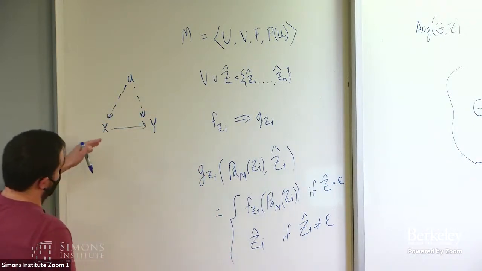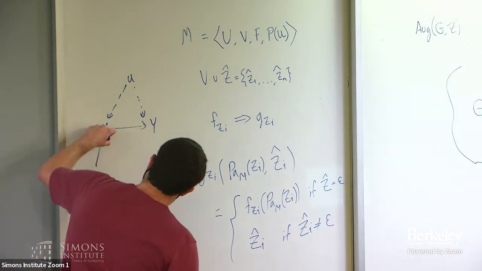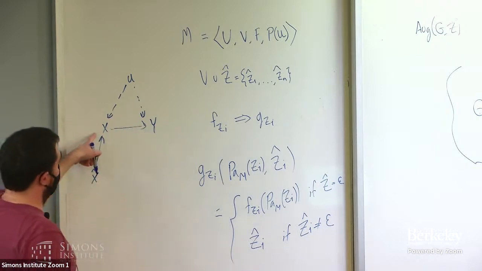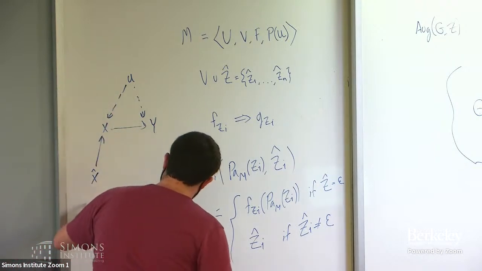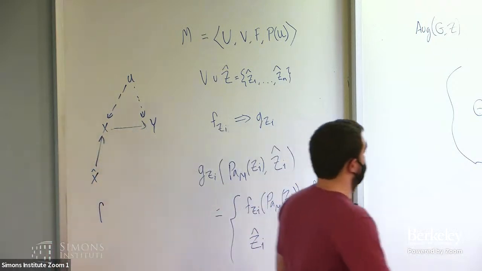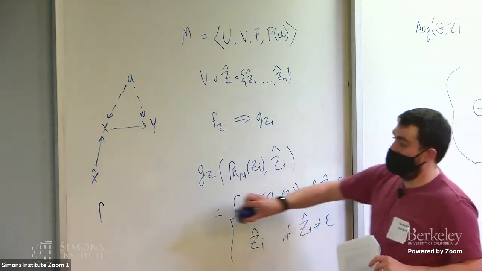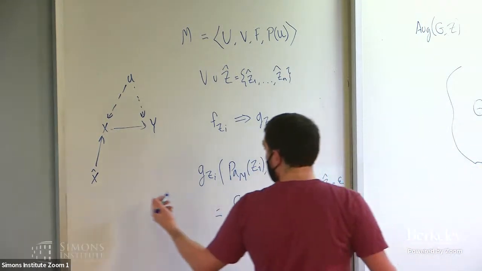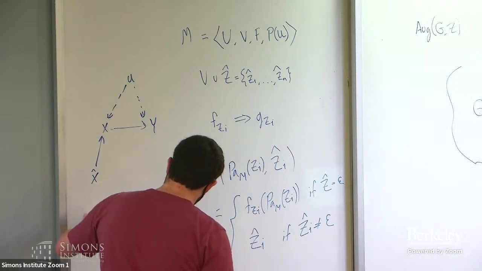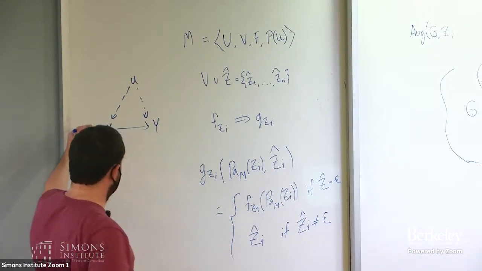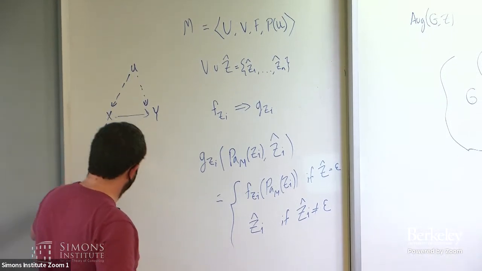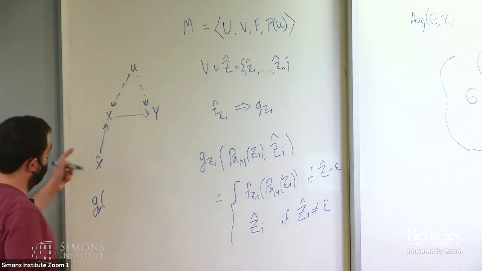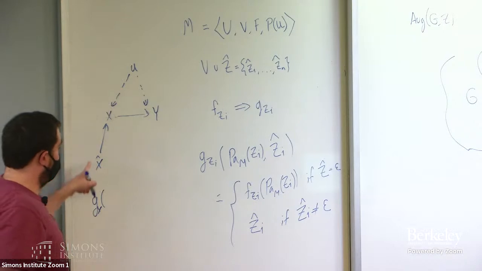If I wanted to augment with respect to X here, what I do is I add a new variable, which I'll call X hat. And I replace the equation that determined X as a function of U with a new equation, which I'll call G instead of F. So previously X was determined by U. Now G will be determined by U and X hat.